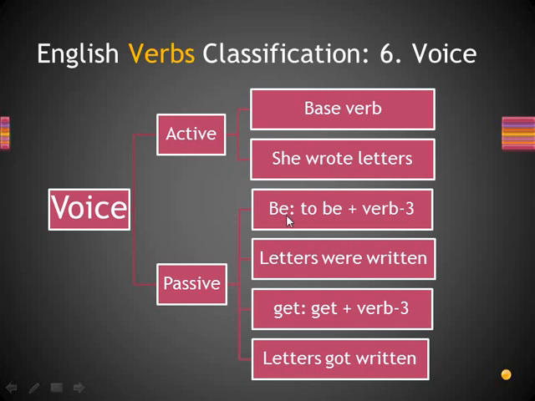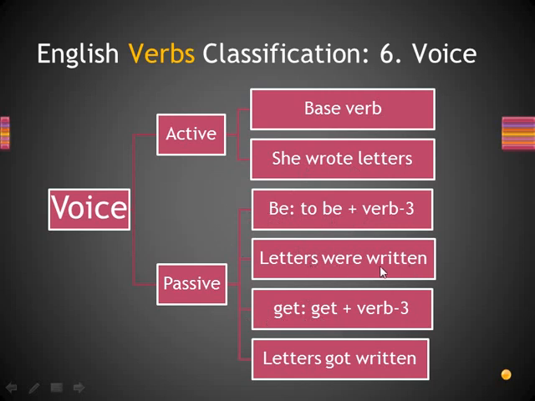But passive is always verb 3, and it can be preceded with to be or with the auxiliary get. Jadi kalau pasif ada dua, be passive and get passive, and they mean the same. Okay, for example, she wrote letters becomes letters were written.